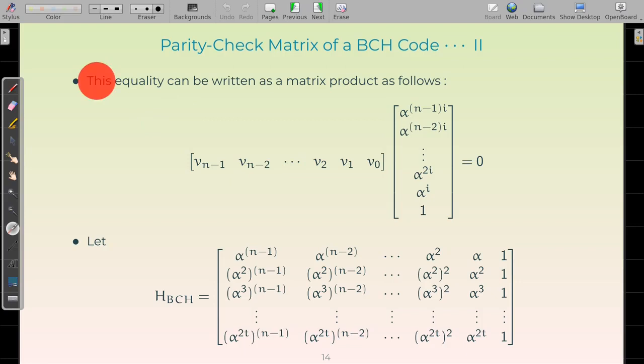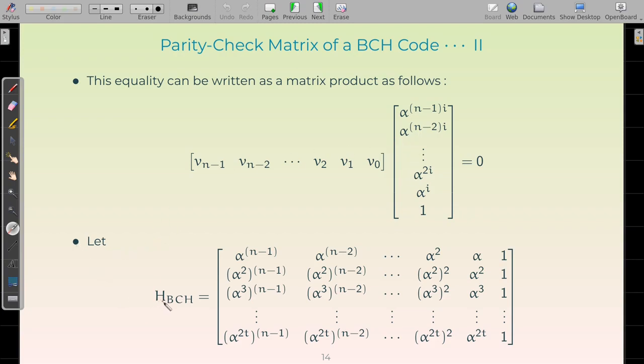This equality can be written as a matrix product, as v_{n-1}, v_{n-2} all the way to v_2, v_1 and v_0. In a similar manner, if I consider i from 1 all the way to 2t, I will have these as equations. So I will have basically 2t equations here, isn't it?